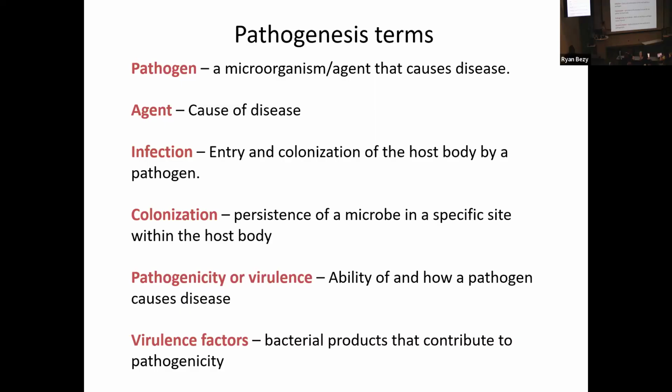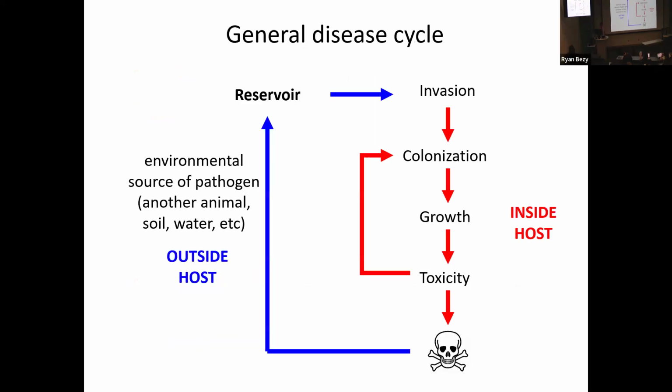We're going to define this term a little more specifically, but it's some type of bacterial trait or bacterial product that allows it to cause disease in a host. So these are some terms that I'm going to be going through and using quite a bit.